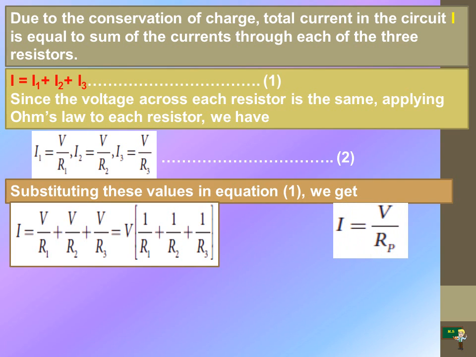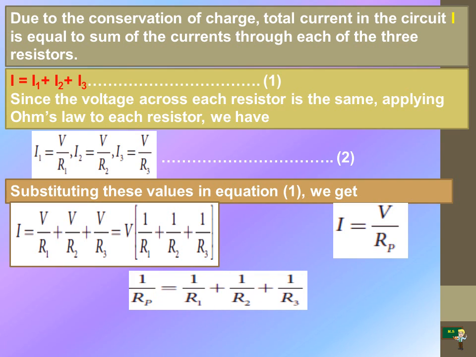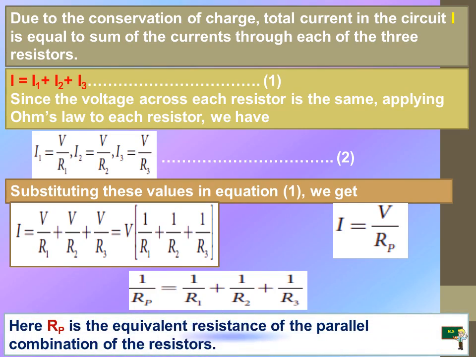Here, as I mentioned earlier for the series, we take 1 by Rp is equal to 1 by R1 plus 1 by R2 plus 1 by R3. In the last parallel resistor, we saw Rp is the total resistance for R1, R2 and R3.